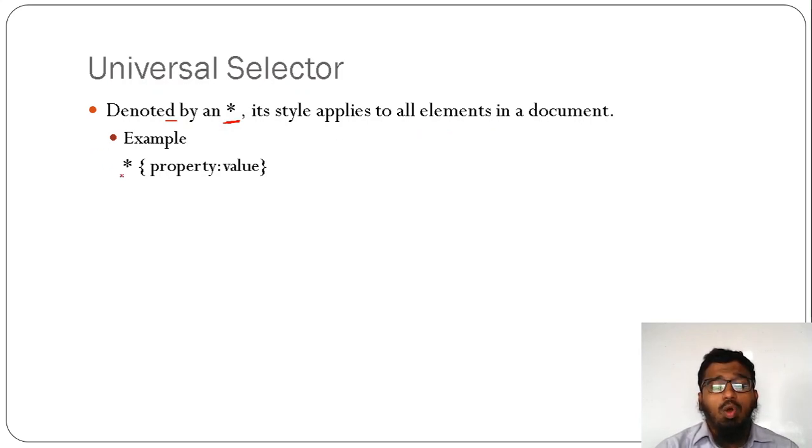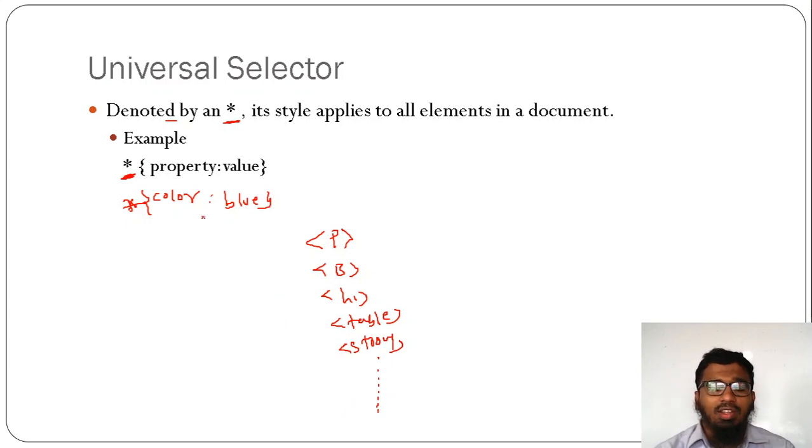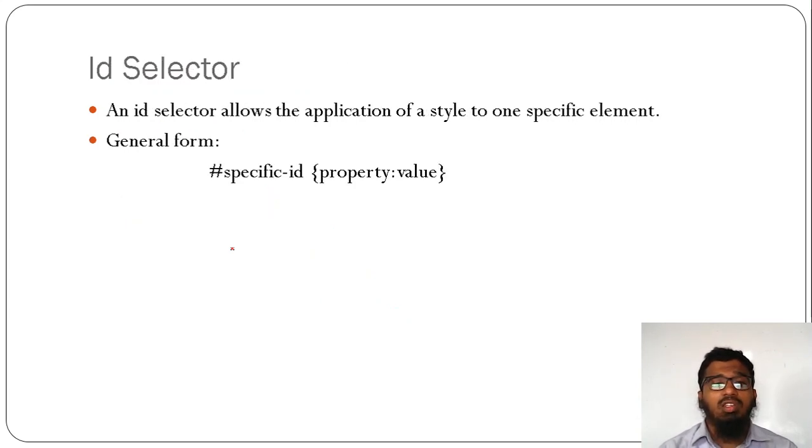That means whatever is present in the document, if you use the star with a property and value like color blue, then all tags in the document, all elements like P or B or H1 or table or strong, and so on, all tags in the same document will have their color changed to blue. Okay, this is a universal selector.